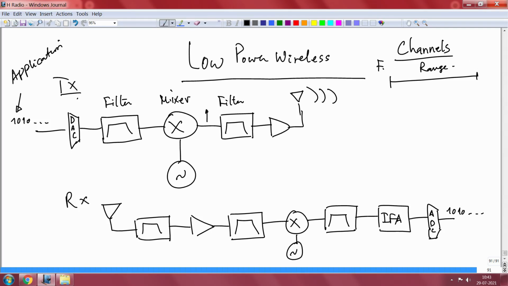I will call it F1 and F2 in capitals. Now this range is divided into small bands. So you divide here, this can be f1, this can be f2 and so on. Essentially this is a channel. The notion of channel comes in because you are talking of f1 channel, f2 channel, f3 channel, and so on.